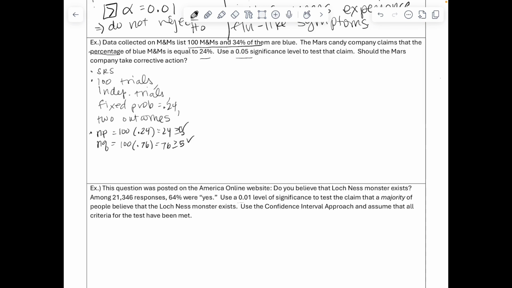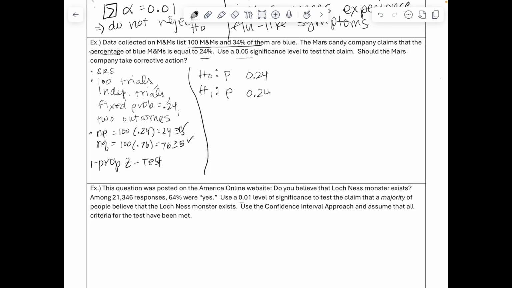On the graphing calculator, we are going to use 1 prop z test. And for this, we need to set up our null and alternative before we can actually conduct our test. So since we are dealing with percentages, again, that's another word to use for proportions, we are going to use the percentage that the company is claiming, which is 0.24.